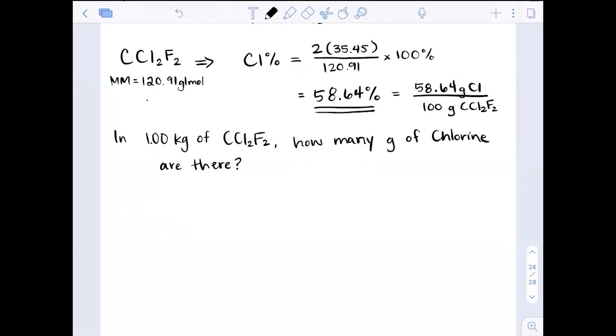So mass percentage is actually a very useful way of being able to quickly convert from grams of one component to grams total or grams of another component in a given sample without really going through the mole. You are going through the mole, but you are doing it in a very underestimated way because you already have the mass percent.